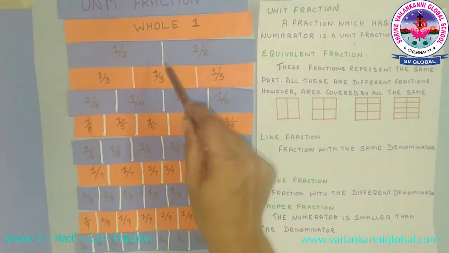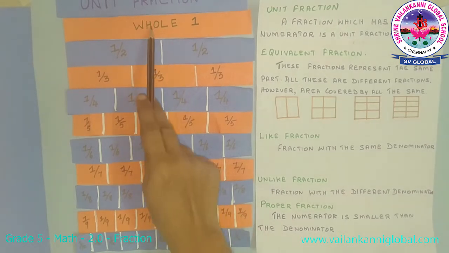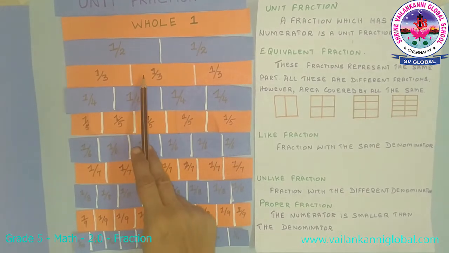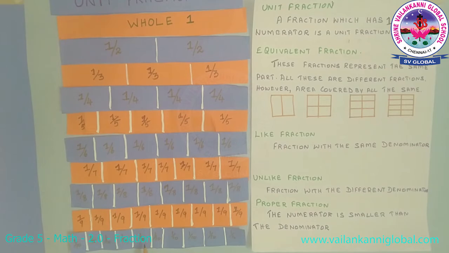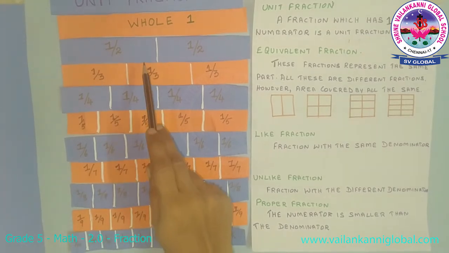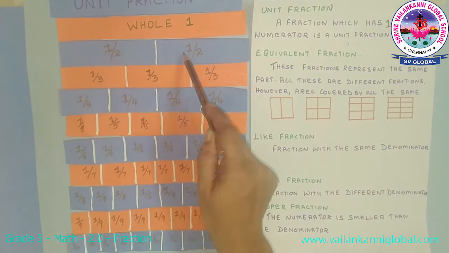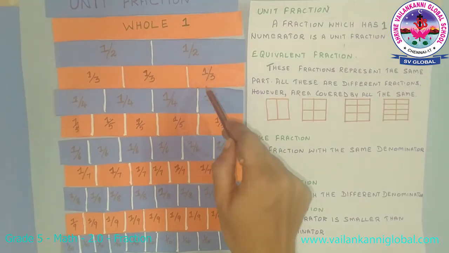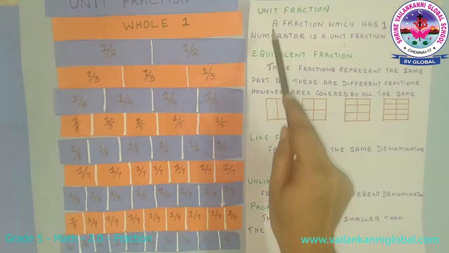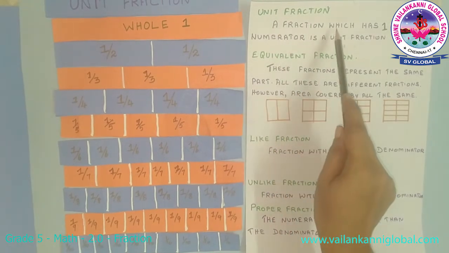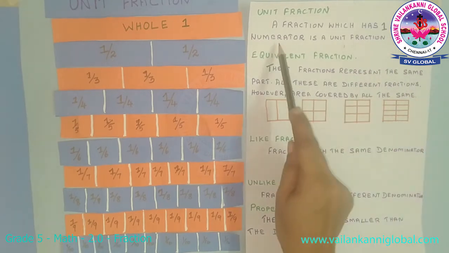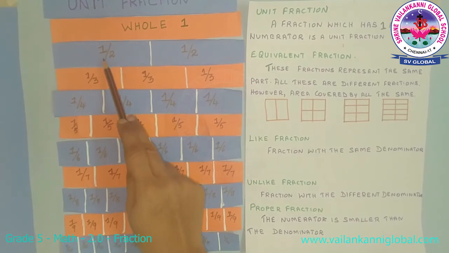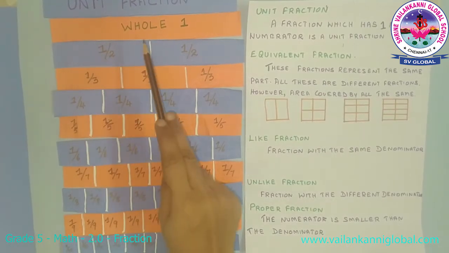In one whole we divided into 2 equal parts, 3 equal parts, 4, 5, up to 10. All the numerators are 1, so these types of fractions are called unit fractions. I hope you understand what a unit fraction is.